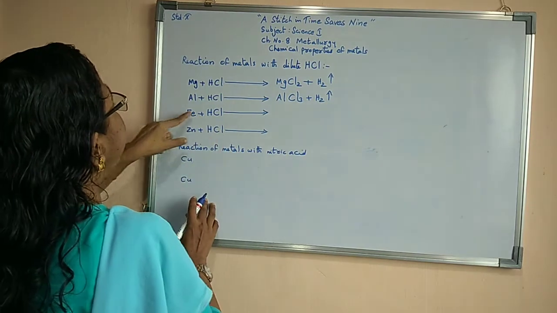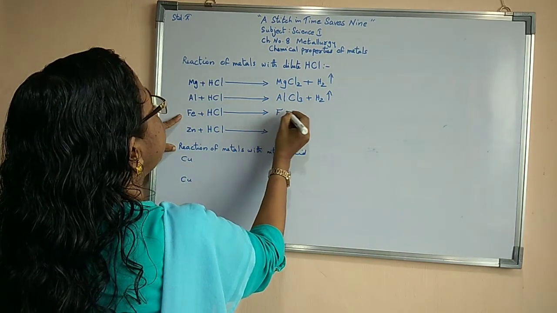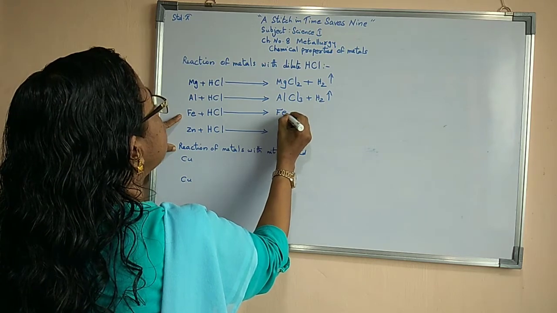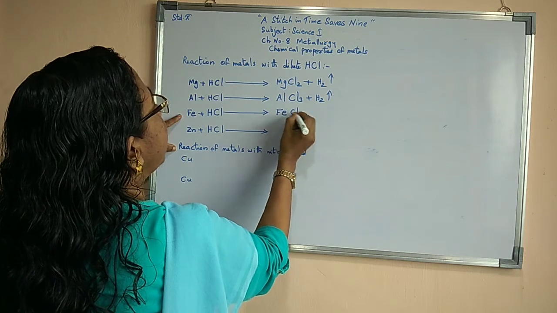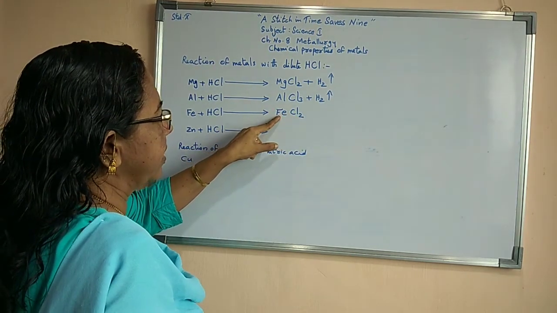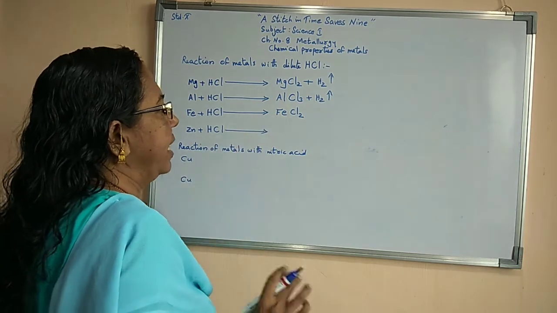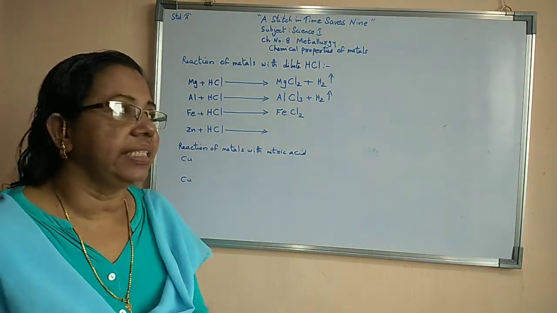Here now iron reacts with the hydrochloric acid. As a result of it, ferrous chloride will form, FeCl2. Chlorine valency 1, ferrous, its valency 2. Iron has 2 valencies, Fe2 valency as well as Fe3 valency is there.